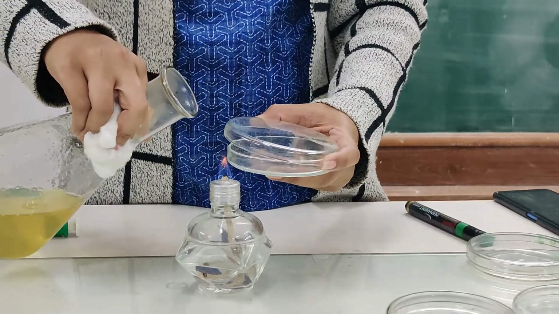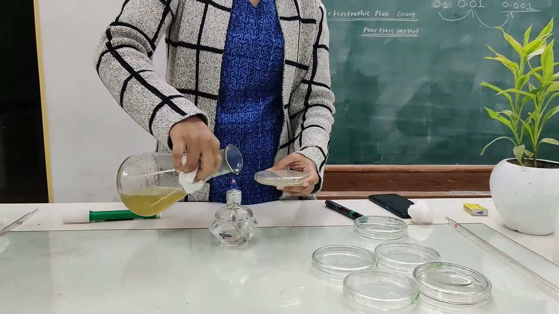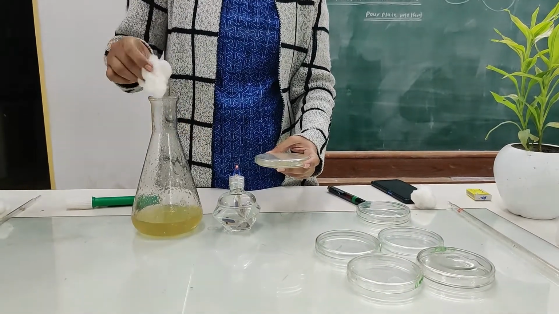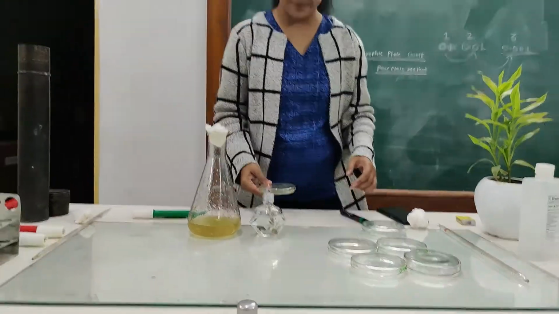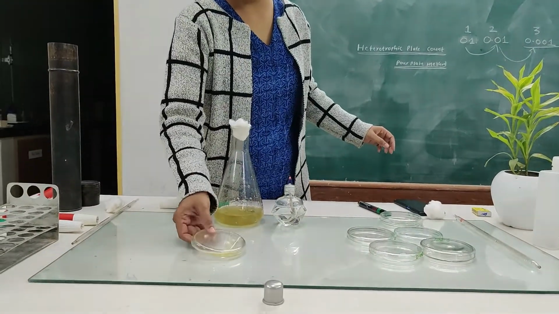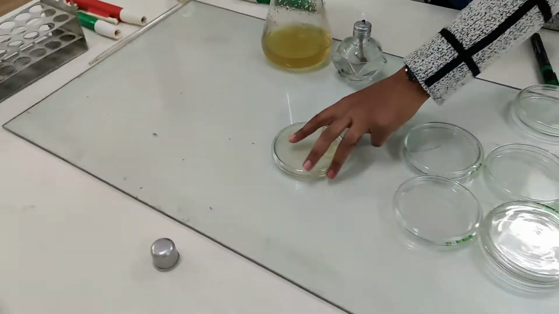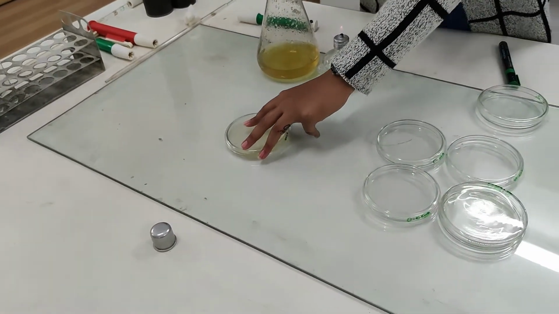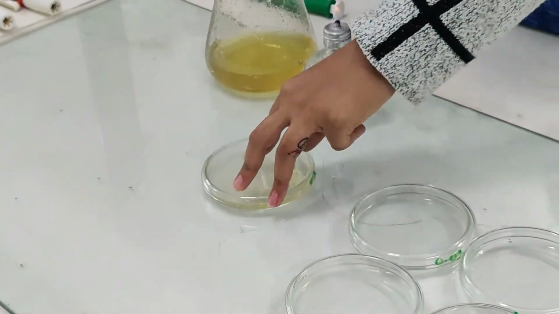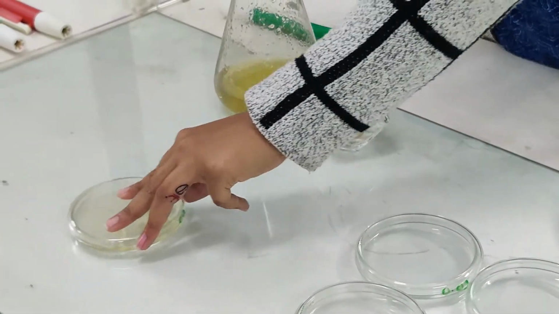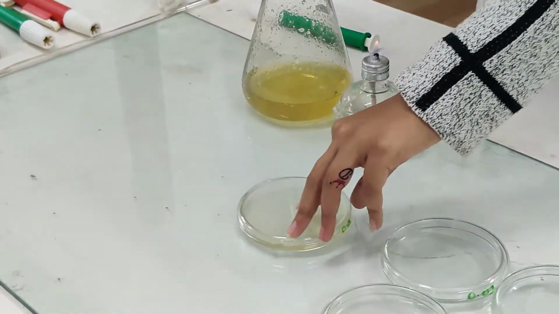Pour the agar. Agar must not have lumps. Then keep this and just move it in a movement of 8, like an imaginary 8. Then leave it for settling.